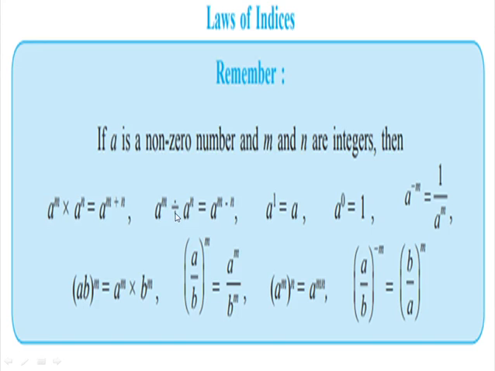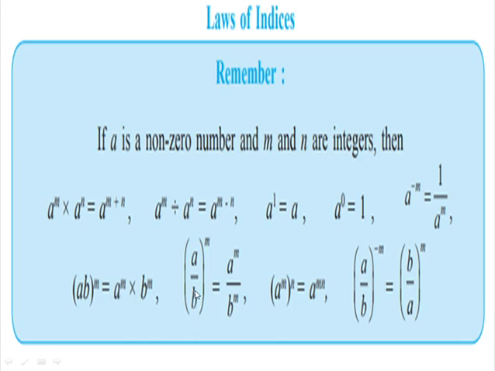A raised to m divided by a raised to n is equal to a raised to m minus n. Any number raised to 1 is the number itself, that is a raised to 1 is a. Any number raised to 0 is 1, that is a raised to 0 is 1. Converting a negative index into a positive one, that is a raised to negative m is equal to 1 upon a raised to m. Then we have seen a multiplied by b whole raised to m is equal to a raised to m multiplied by b raised to m.